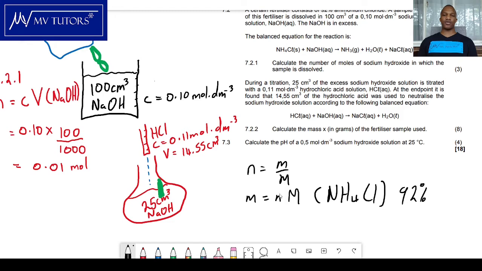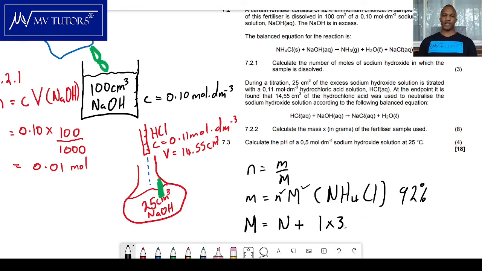So now it means we need to solve the number of moles, and then solve the molar mass. Okay, so let us start with the hardest one. Well, basically, let's start with the easiest one, which is actually the molar mass. Now you need to check your periodic table, but the molar mass is going to be N plus H times 4, not 3, because we got 4 of them here.